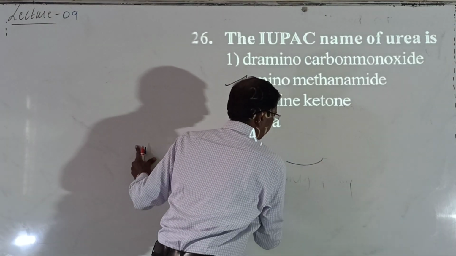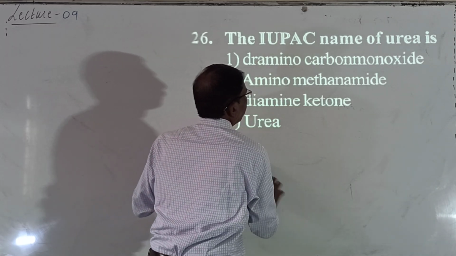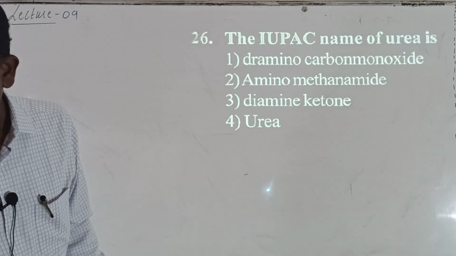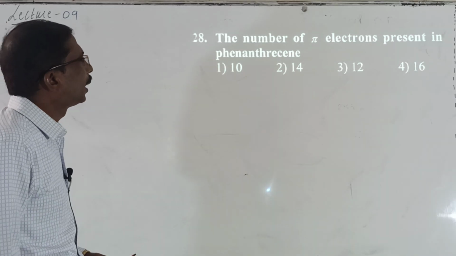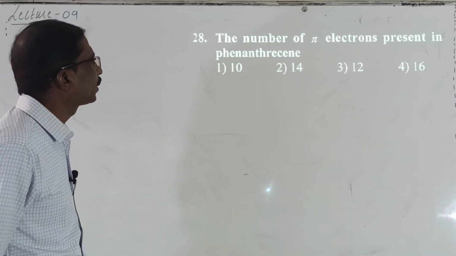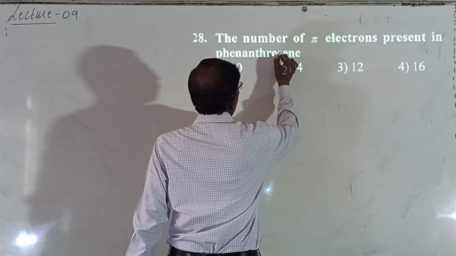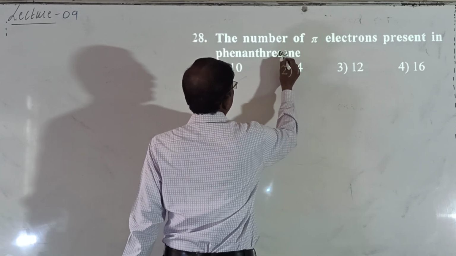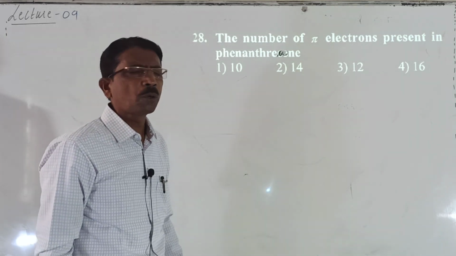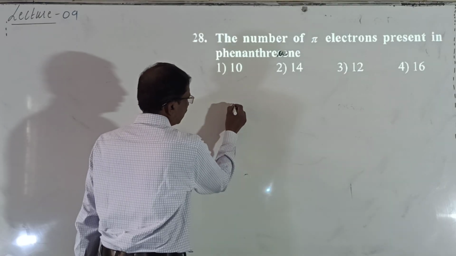Then look here, the number of pi electrons present in phenanthrene. So here you may make it, that is phenanthrene. Phenanthrene means this one.